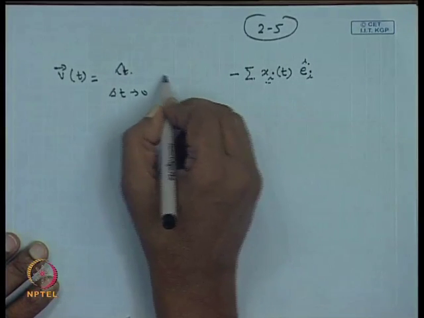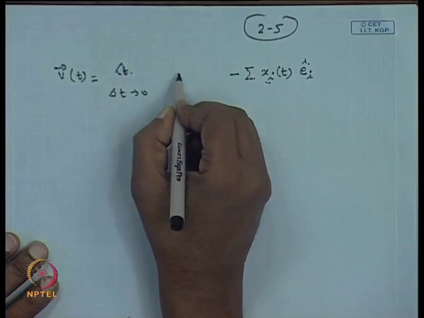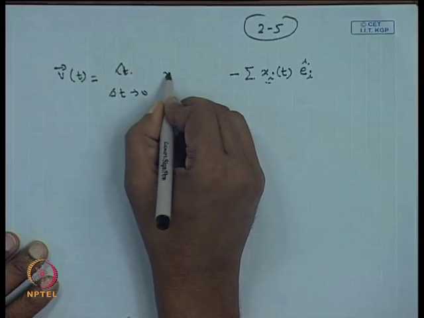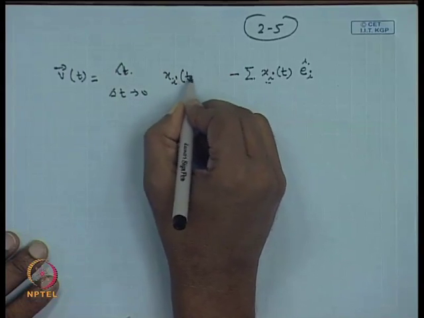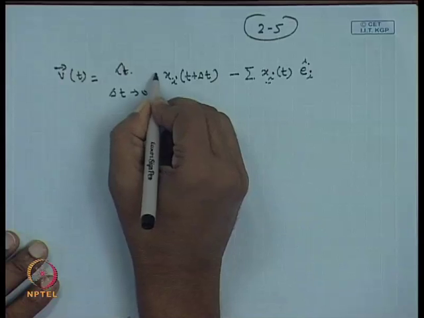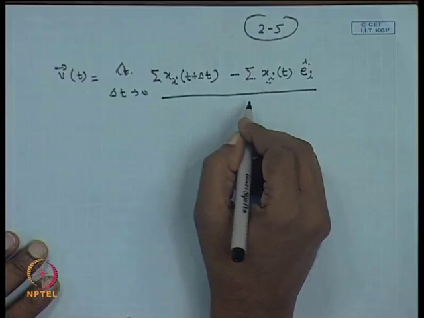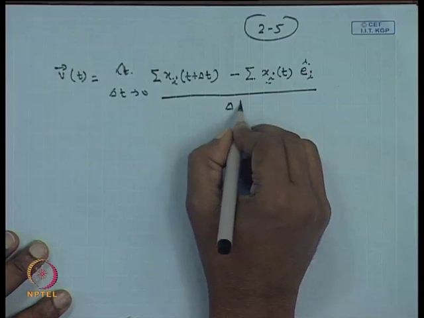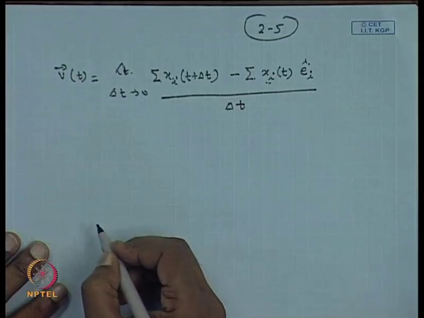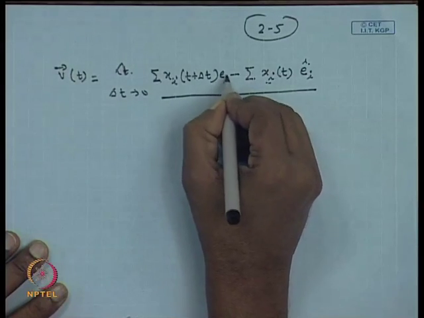Okay. Similarly, we can write here the r t plus delta t as x i t plus delta t, and the summation, and summation is obviously for i equal to 1 to 3, divided by delta t, and here we put also E i cap.